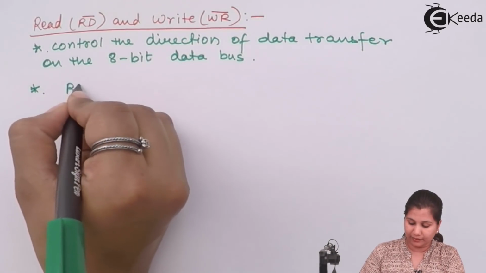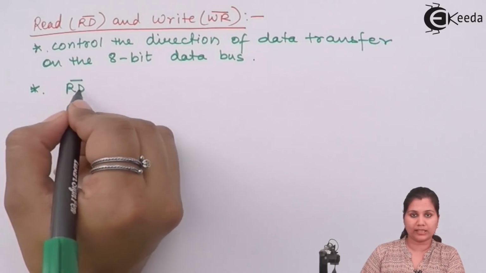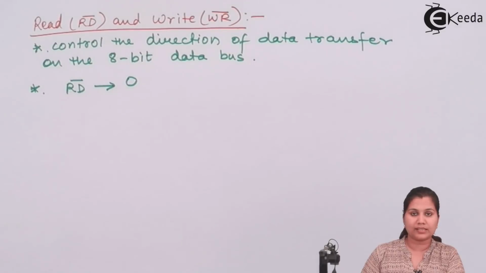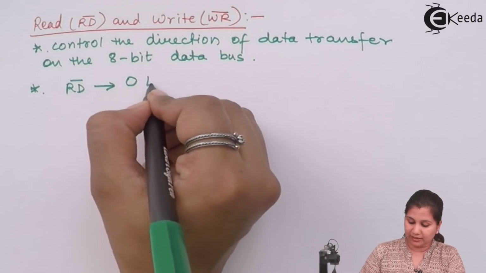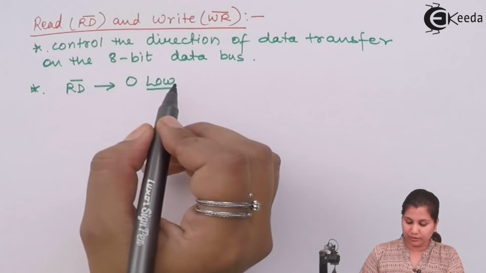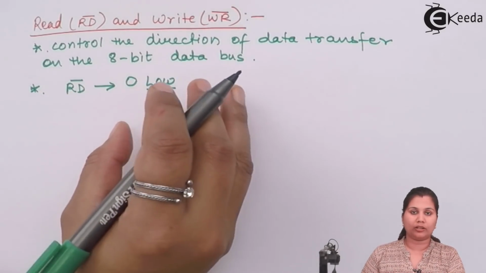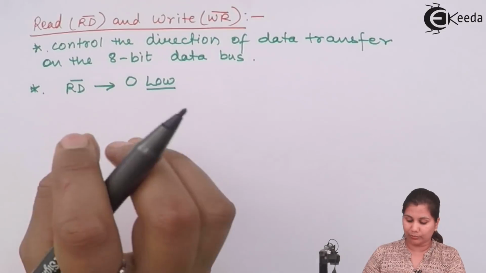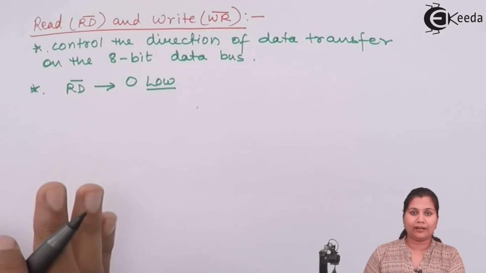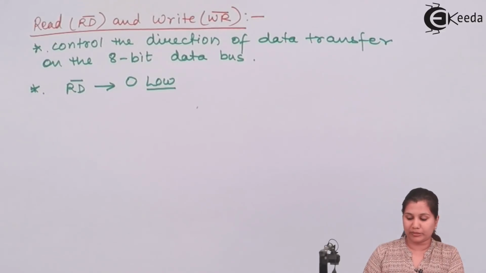The read signal is an active low signal, which is why it has a bar over it, so it will be active when its value is 0. When this signal is low, the count value on the 3 counters, counter 1, counter 0 and counter 2, will be read by the microprocessor.